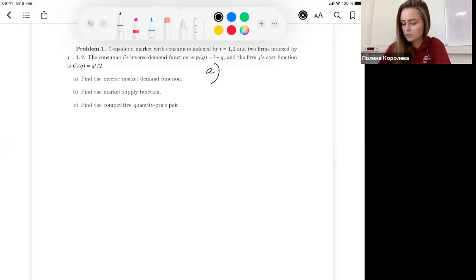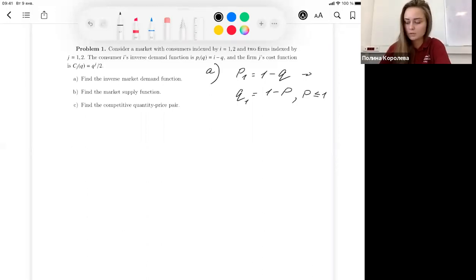Okay, let's start from consumer 1. Its inverse demand function is 1 minus Q. And this is inverse demand function. First of all, we should find demand function. It's 1 minus P, yes, Q1. And this is true only if prices are lower or equal than 1.